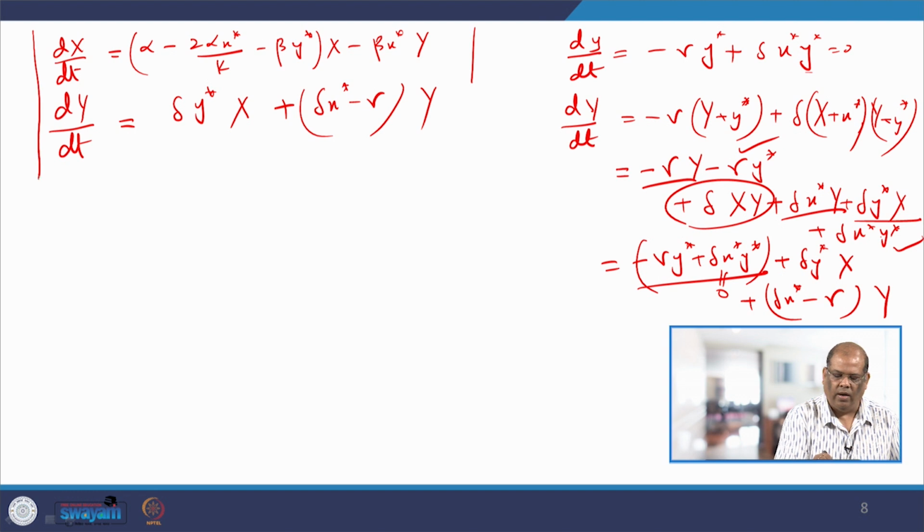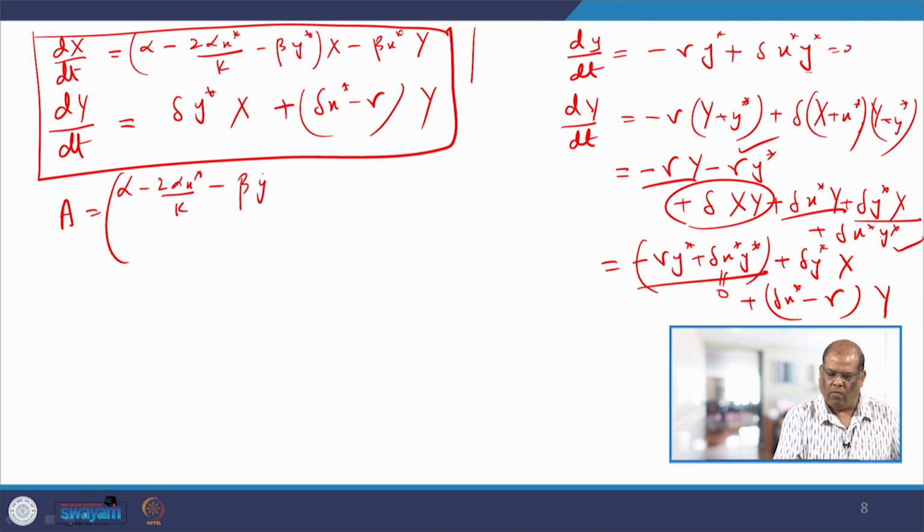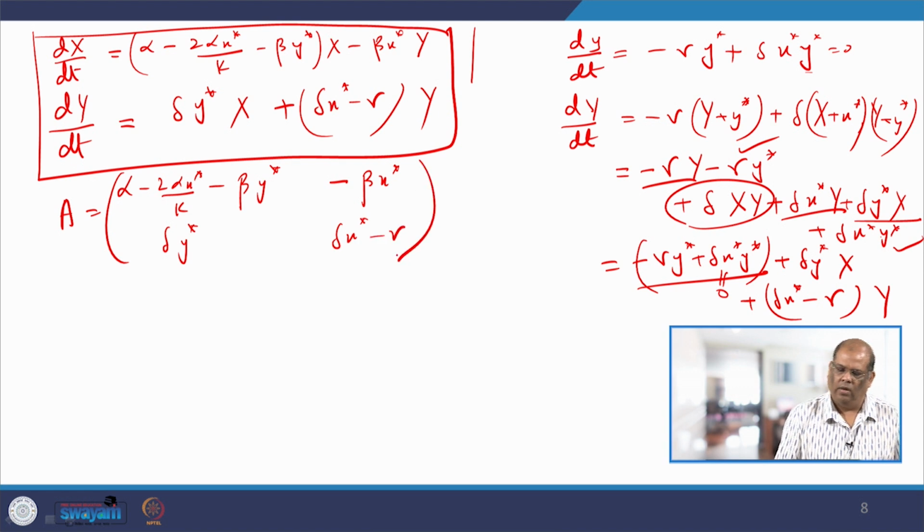So, this is our linearized form, and if we want to construct the matrix A from here, it will be alpha minus 2 alpha x star by k minus beta y star, this is minus beta x star, this is delta y star, and this is delta x star minus gamma. So, we just take the coefficients from here and we put it here.